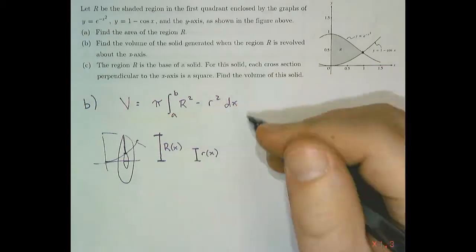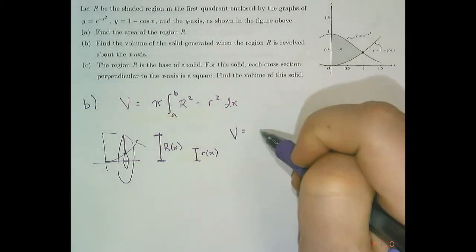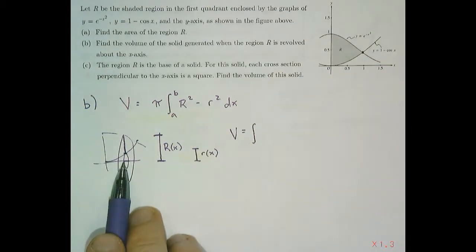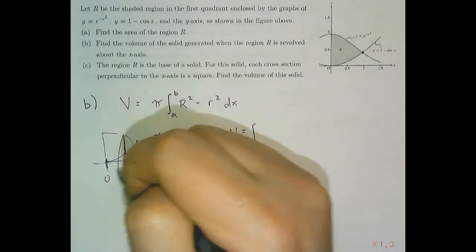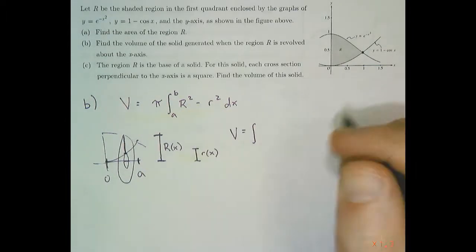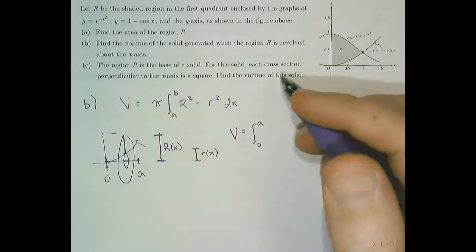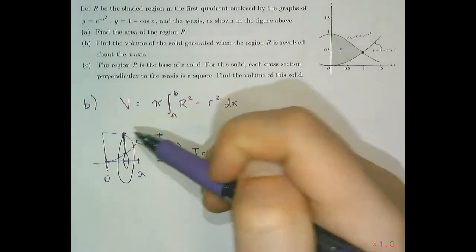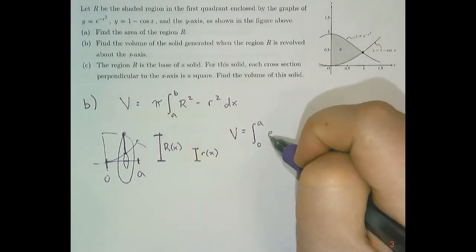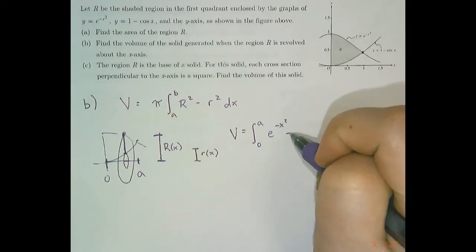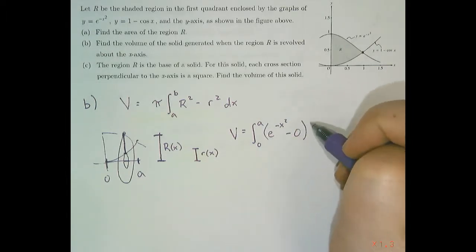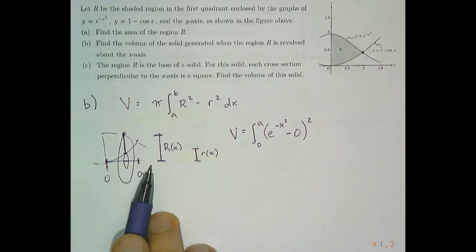To make it specific to this, we're going to take our boundaries. The washers stack up from 0 to that point that we called A, so 0 to A. The big radius is the top curve minus the rotation line, which happens to be at 0 in this case because it's on the axis.